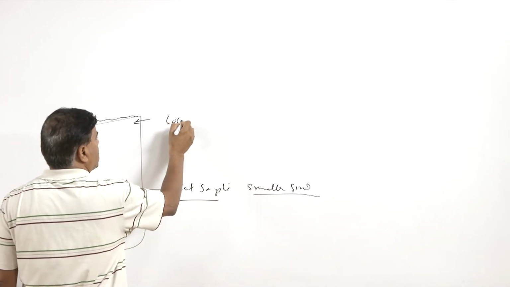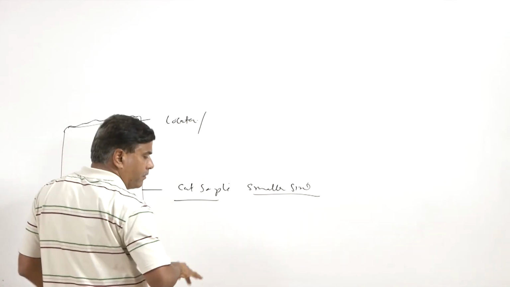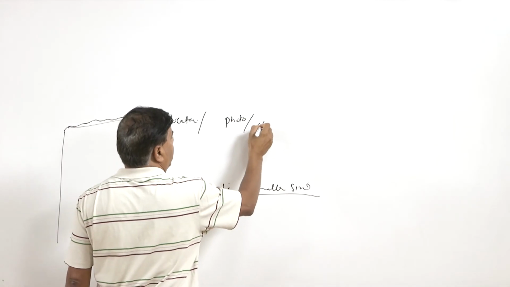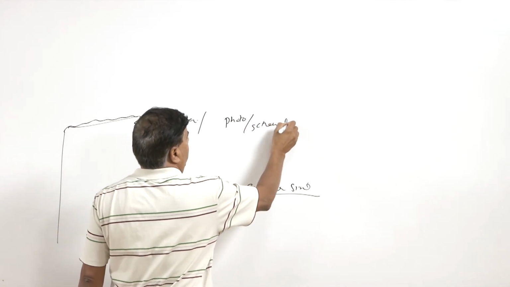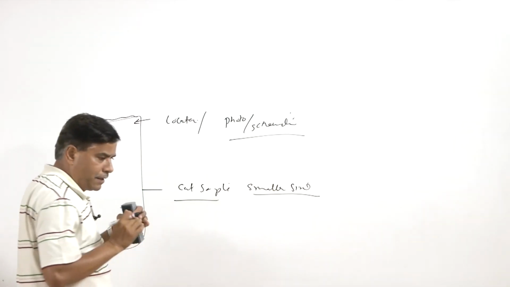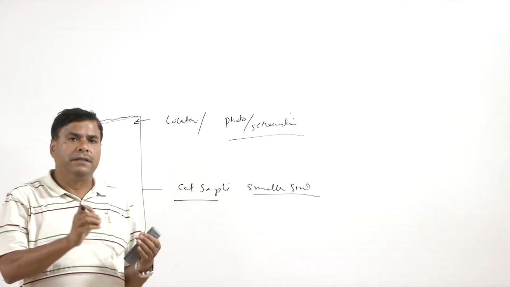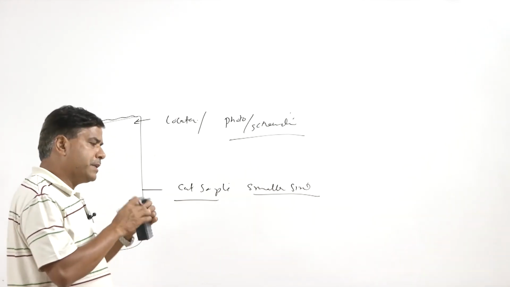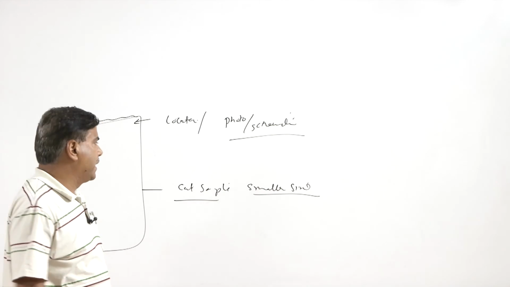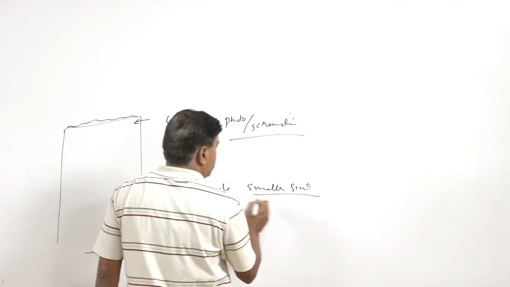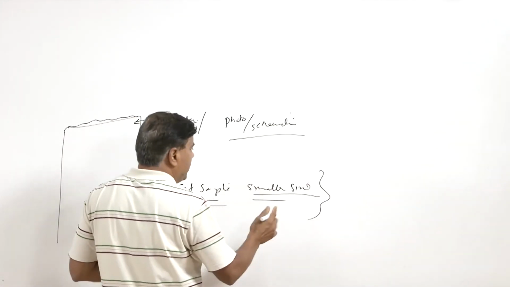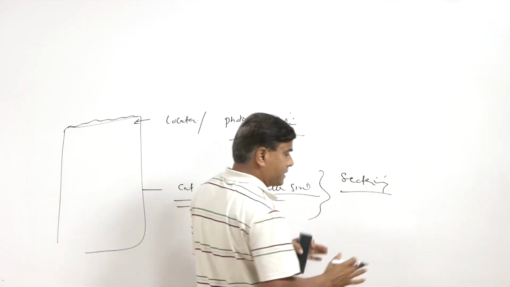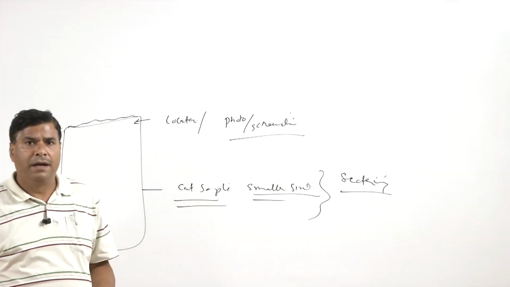The location is recorded with the help of a photograph, or we can make a schematic of the location, so that we can tell subsequently the region from where the sample was taken for analysis. This is the reason why we need sectioning: it is needed for cutting small samples that can be used for further analysis.